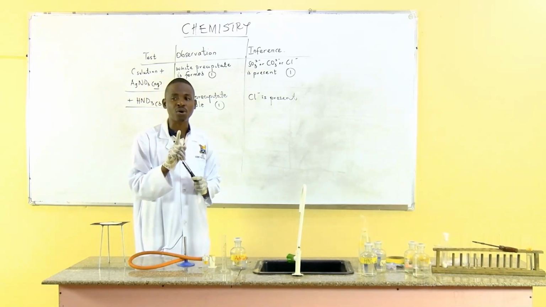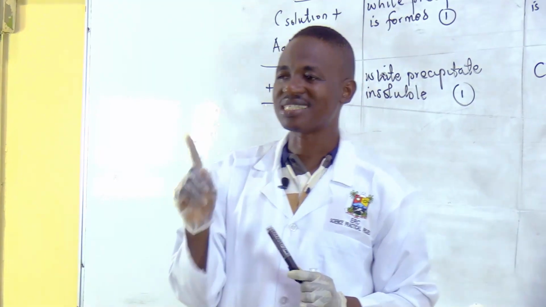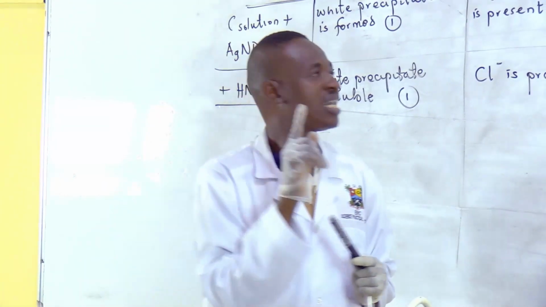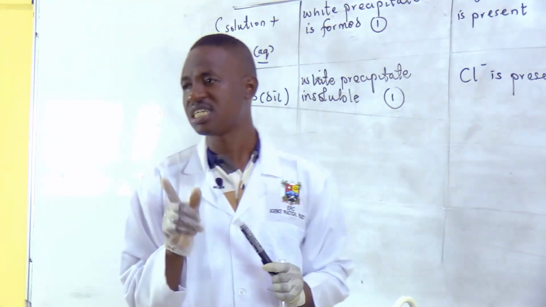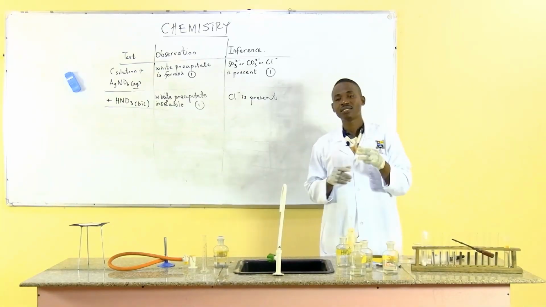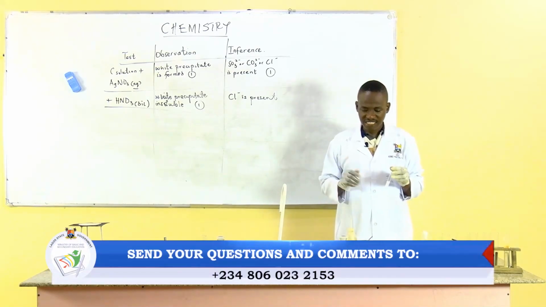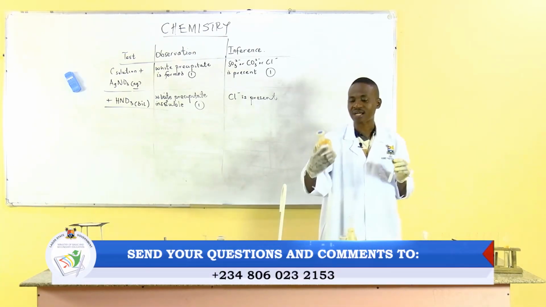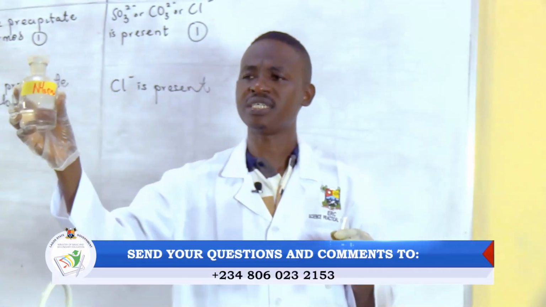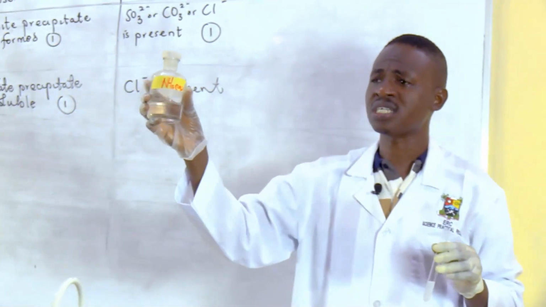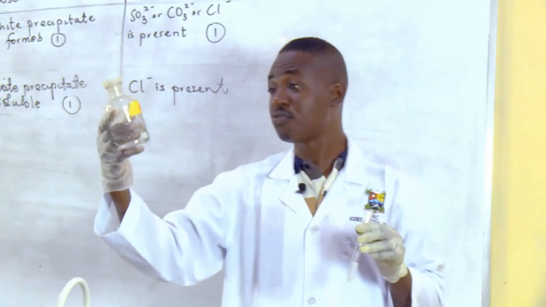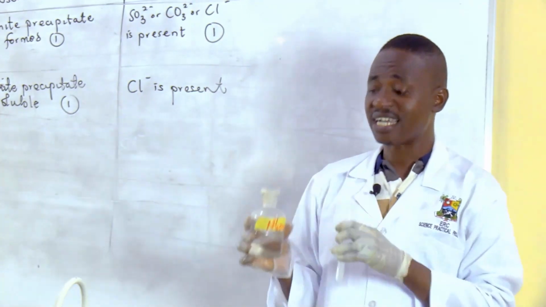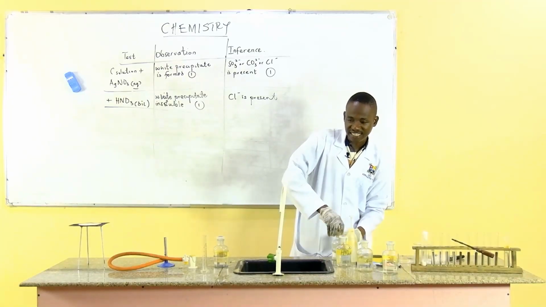So you need to be sure of your cations or your anions that you are putting under your inference. The confirmatory test for this chloride ion is by adding NH3 aqueous, or aqueous ammonia. So you have to look for it. The labeling is very essential. So I have it here.